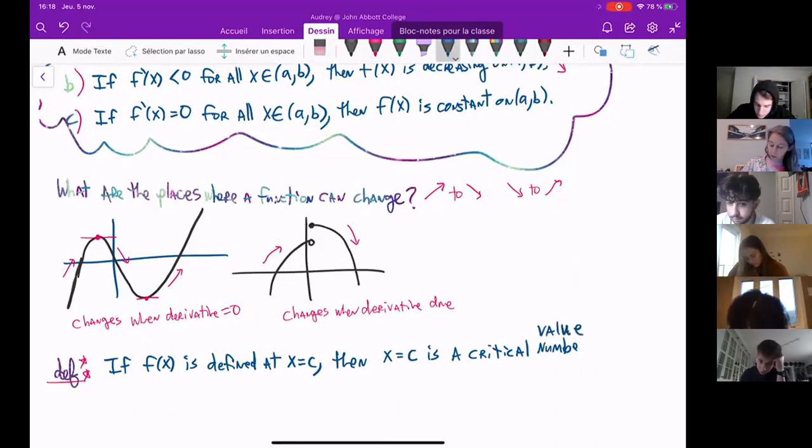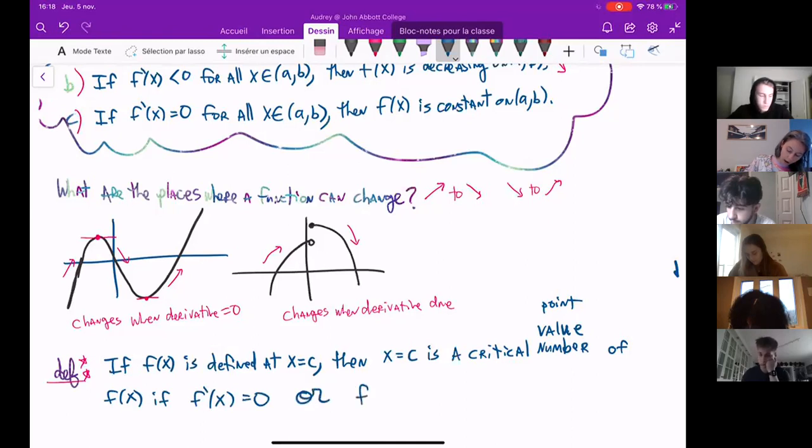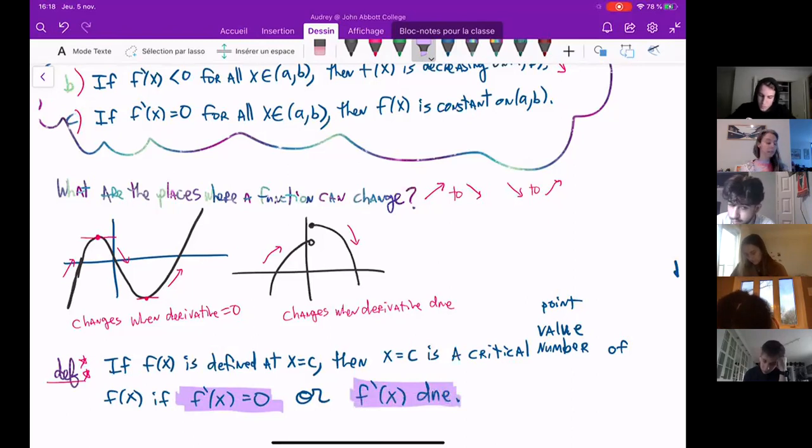Sometimes you'll even hear it said as a critical point of f of x if f prime of x is equal to 0 or f prime of x does not exist. So these are the things that make a number a critical number. The derivative is 0 or the derivative does not exist.